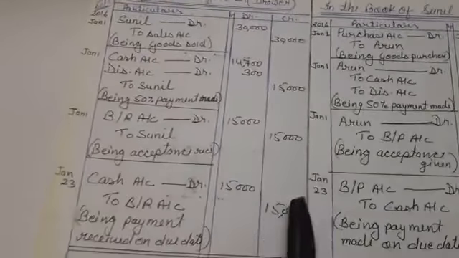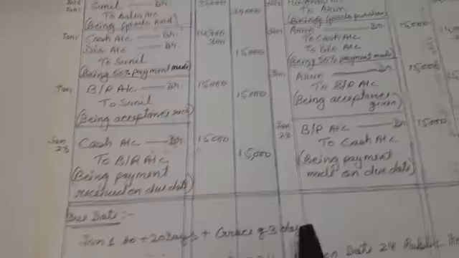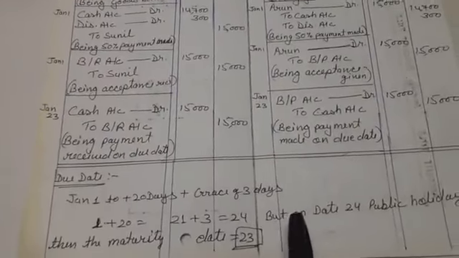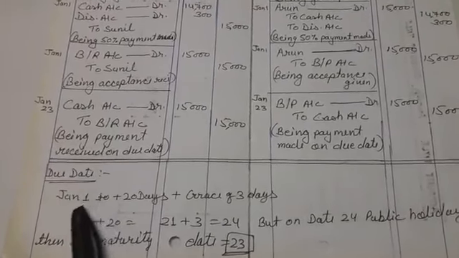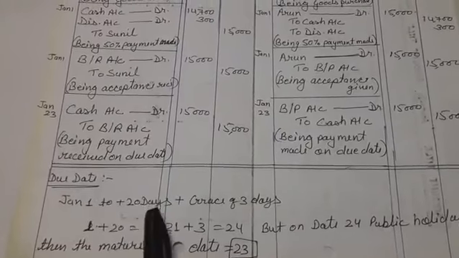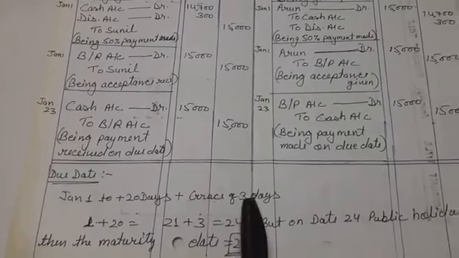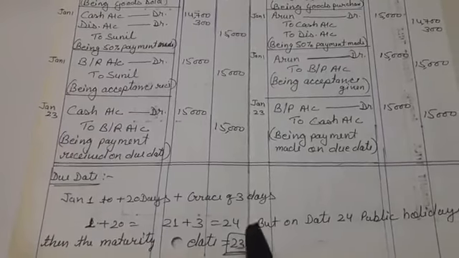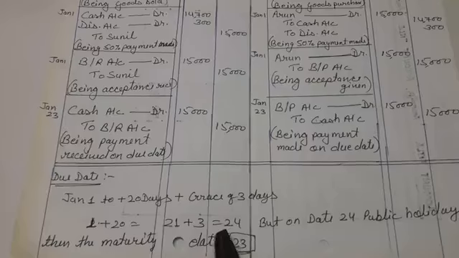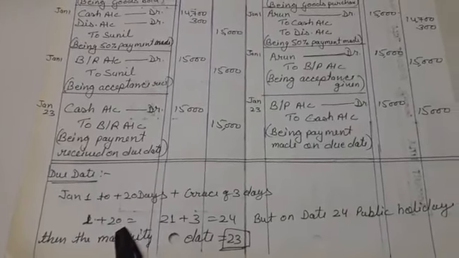Now come to the date of maturity, when it will come. I have calculated it here. See this one, due date January 1st plus 20 days plus grace of 3 days. Whenever in the Negotiable Instruments Act we receive 3 days of grace, that will be added with the due date and our maturity date will come.